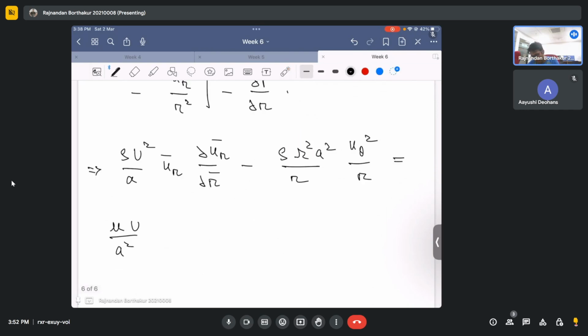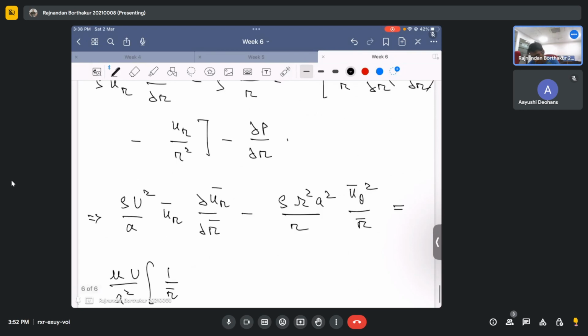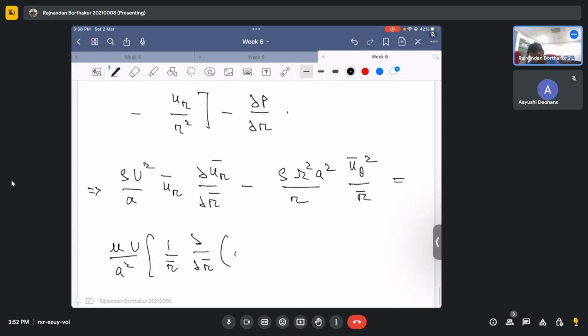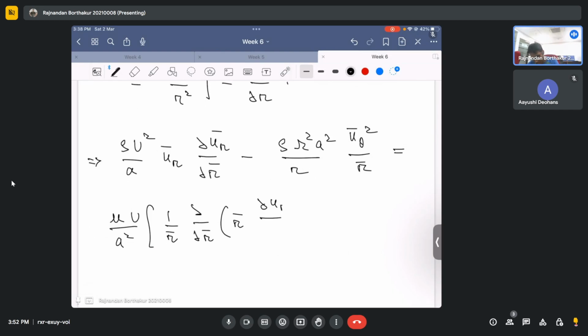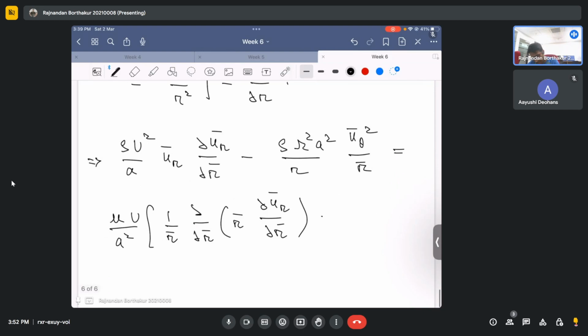So this becomes mu u by a squared times 1 upon r bar, del by del r bar of r bar times del u r bar by del r bar, minus u r bar by r bar squared, basically.